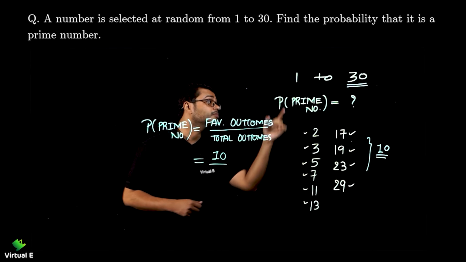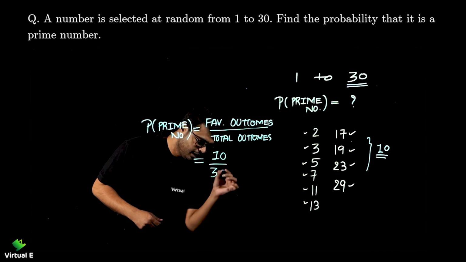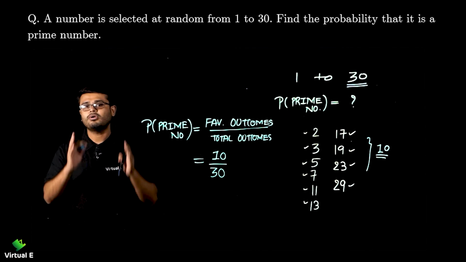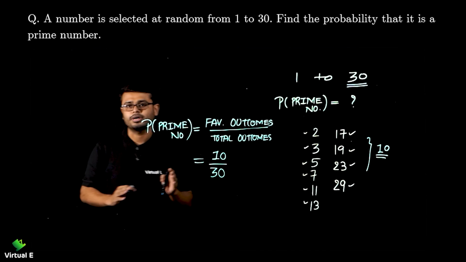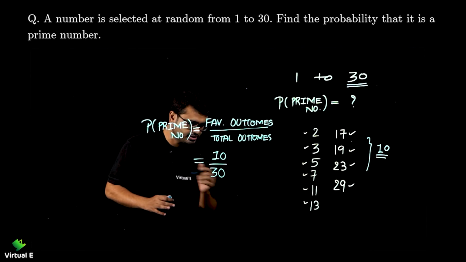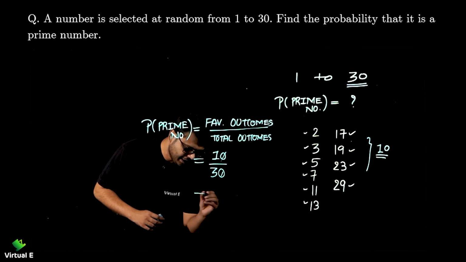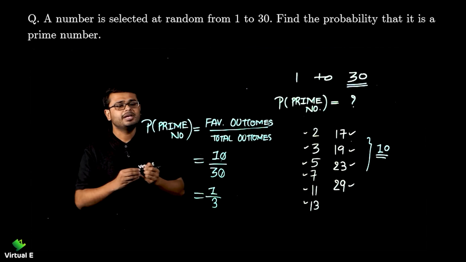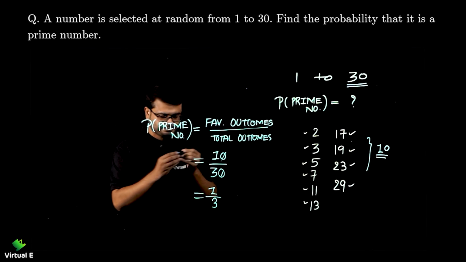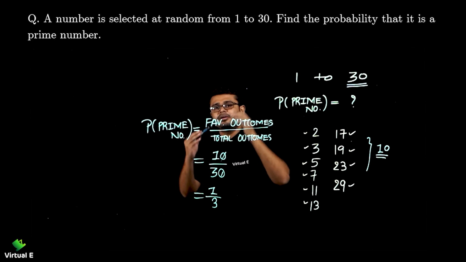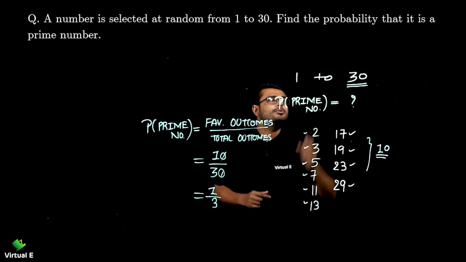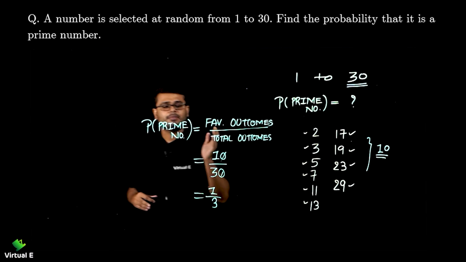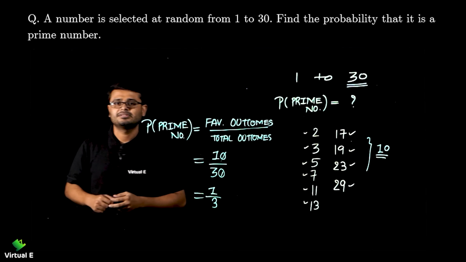And total number of outcomes are how many? 30. Now, always remember one thing. If you can reduce the fraction or you can do cancellation, always do it. Right? Your half marks will be cut otherwise. So 0, 0 it's cut and 1 upon 3. Simple. So this is the probability of getting the prime number when we select a number randomly from 1 to 30. Simple. List down all the prime numbers, apply the formula and get the answer.